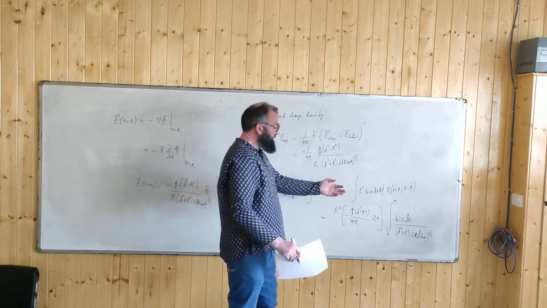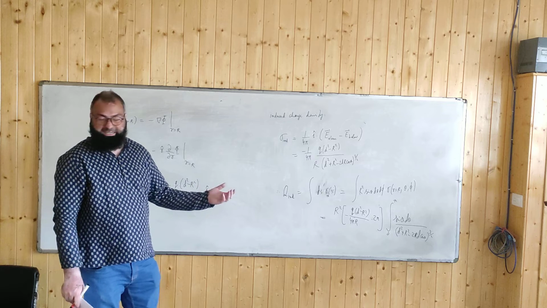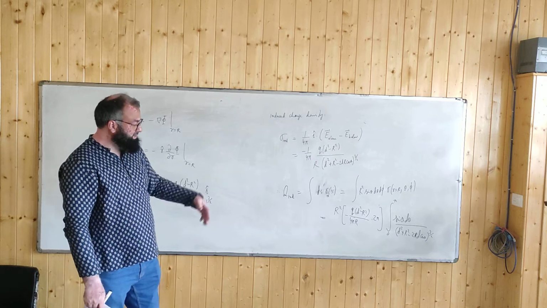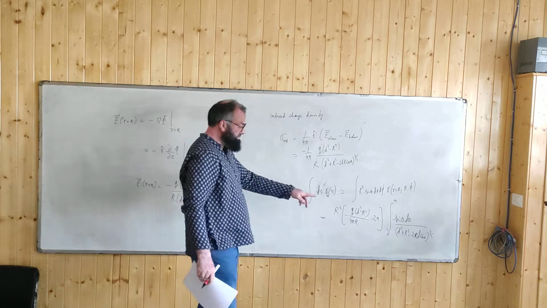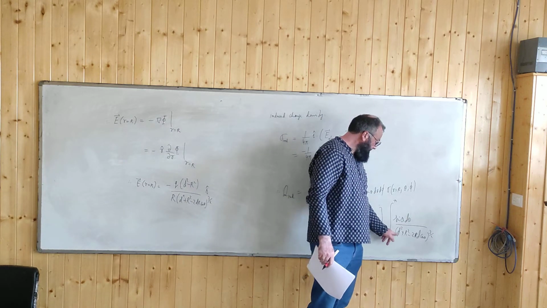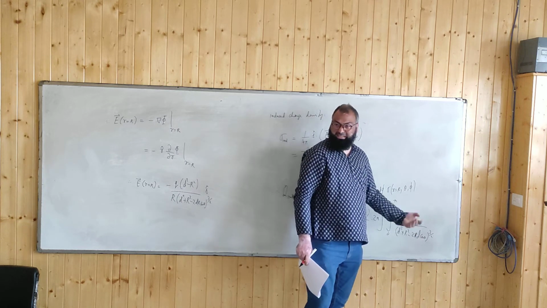Here you simply put cosine of theta equal to x. So sine theta d theta is equal to dx, and you convert this into dx divided by (D square plus R square minus twice R D x) raised to 3 by 2.